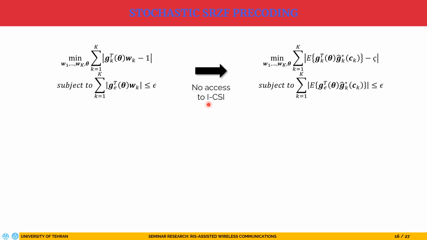But we have no access to the instantaneous CSI of the active eavesdroppers. So we do stochastic optimization here by taking the expectation. We first should calculate the expectation terms and then solve the optimization problem.